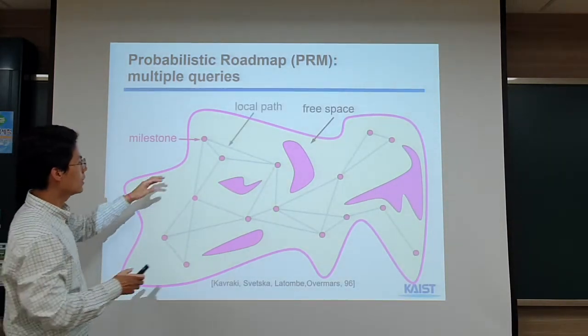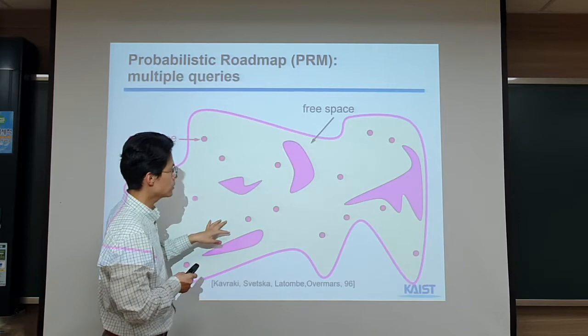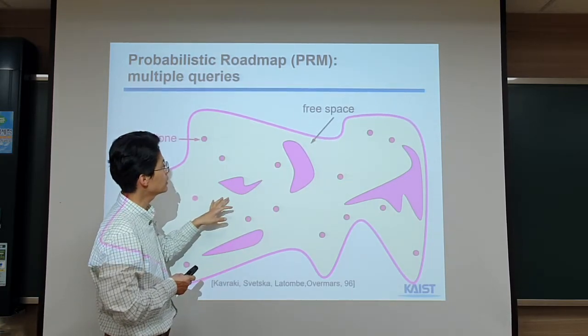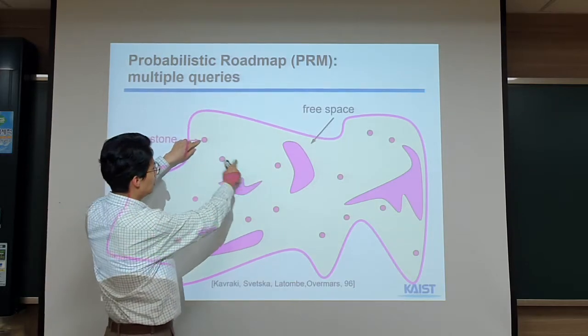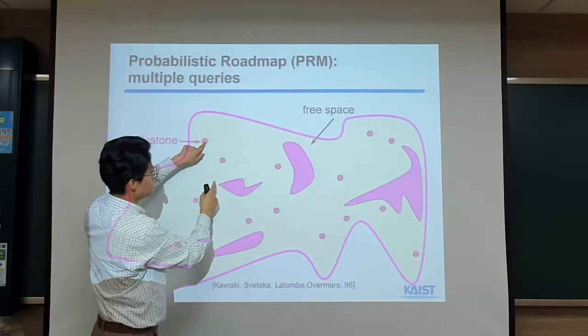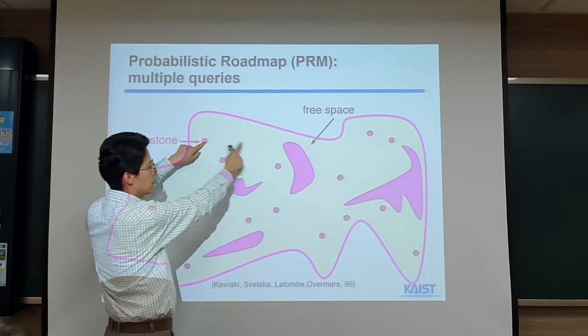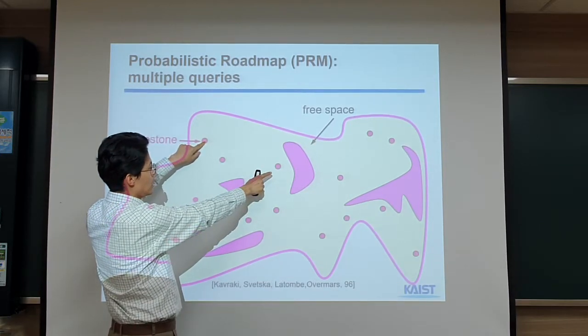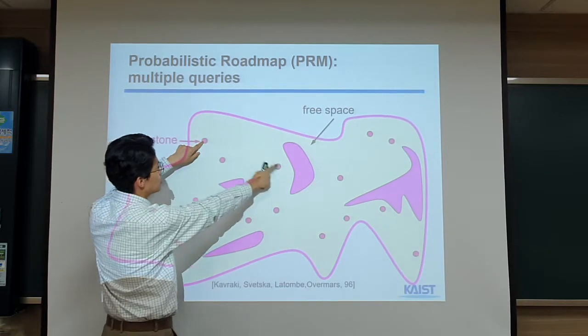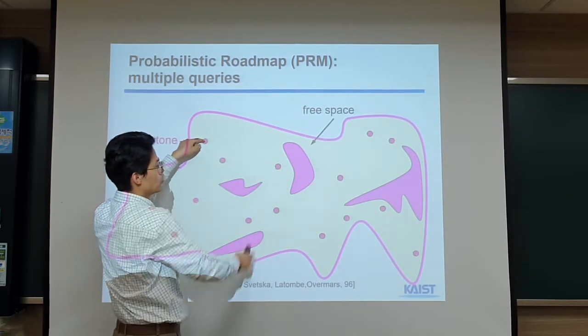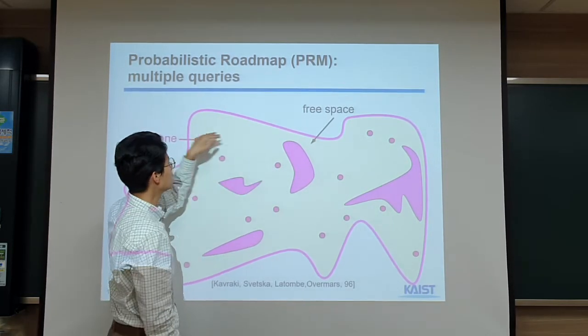And then suppose that these are milestones that are in the free space, and then given this node, we identify a nearby node, and then we check along the straight line path between this node and that node that we do not have any collision on the straight line.